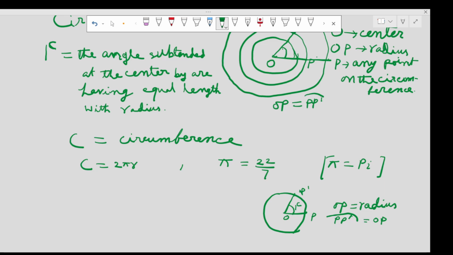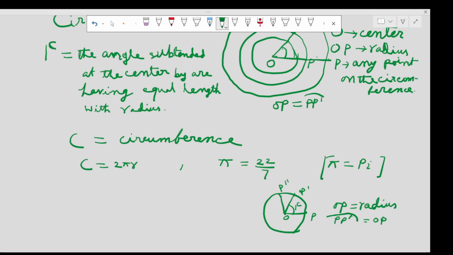It is obvious that if the arc length, meaning curve length, is increased, the angle made will be greater than 1 radian. If the length is decreased, it will be less than 1 radian.